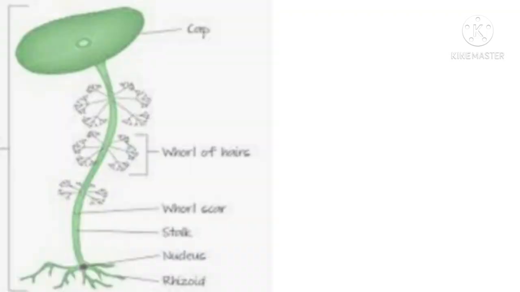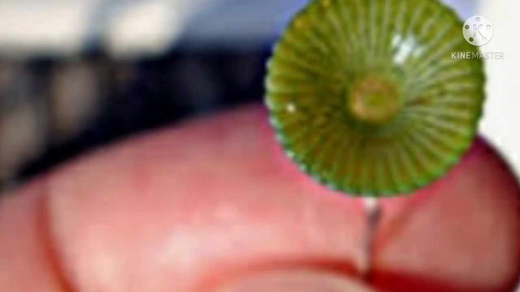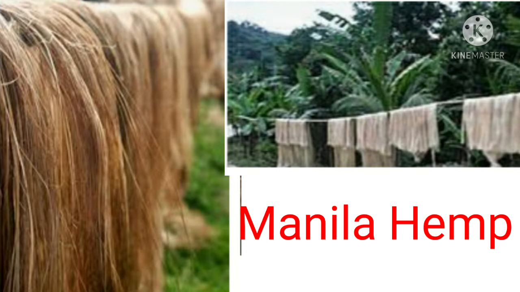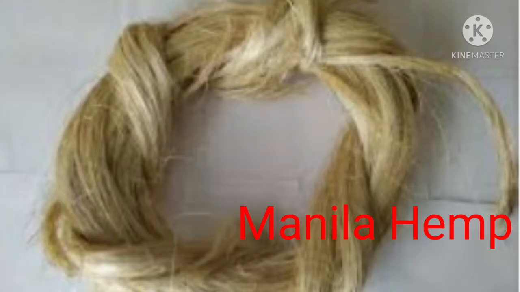The single marine alga Acetabularia measures about 10 centimeter in height. The fiber cells, that is sclerenchyma cells of Manila hemp, similarly are over 100 centimeter in length.